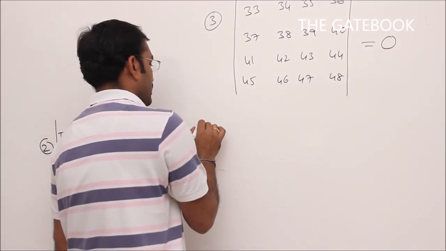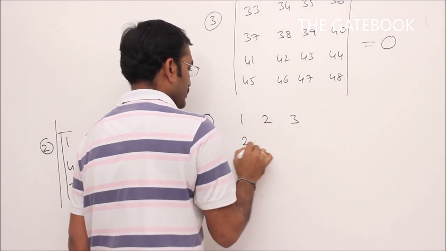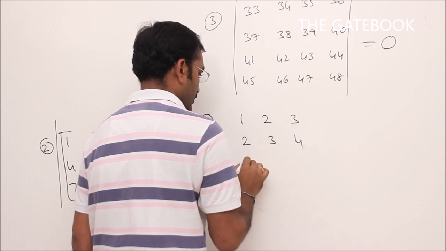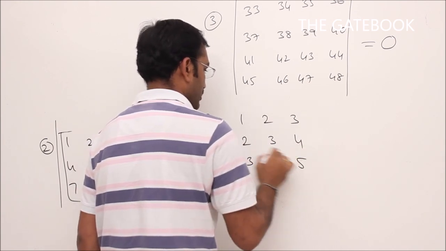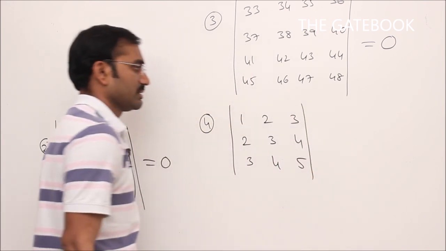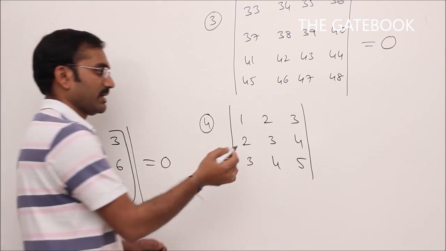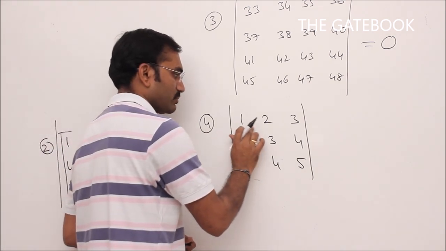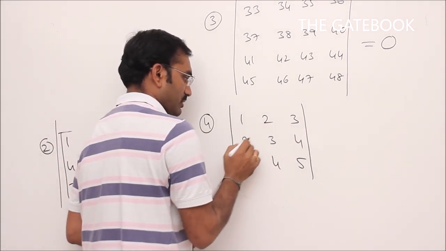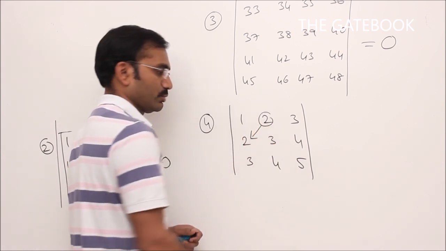Similarly, consider one more example: 1, 2, 3, 2, 3, 4, 3, 4, 5. Here also elements are in consecutive order, but this is a second type. This is the first type of consecutive order, and this is the second type. Here the elements of the first row are 1, 2, 3. The elements of the second row start with the second element of the first row.